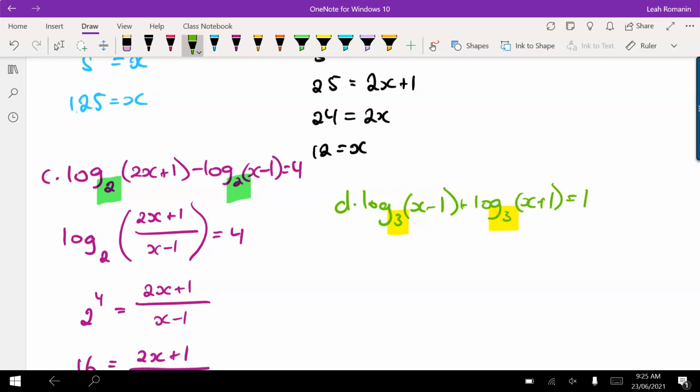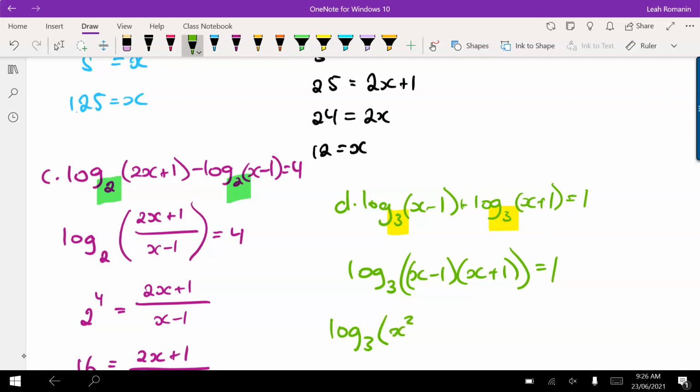Multiply. Good. So I've got log 3 of x minus 1 times x plus 1 is equal to 1. Now, what have I got inside that bracket there? What do I call that, x minus 1, x plus 1? Difference of 2 squares? Yes, fantastic.